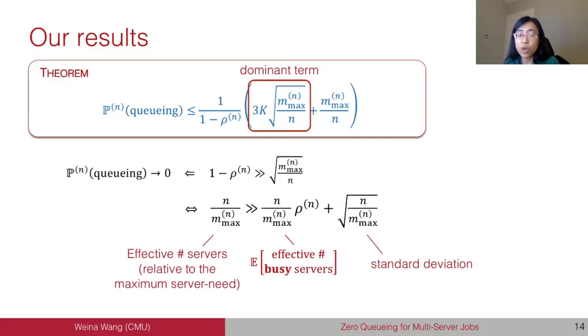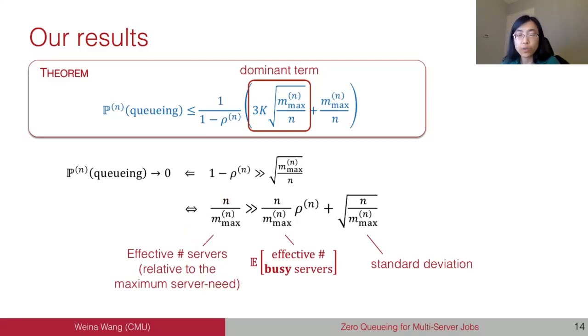That means we almost always have some spare servers that are not busy, and an arriving job can be served by those spare servers. So an arriving job almost never needs to wait in the queue. That's why this condition guarantees zero queuing, that is, the queuing probability converges to zero.